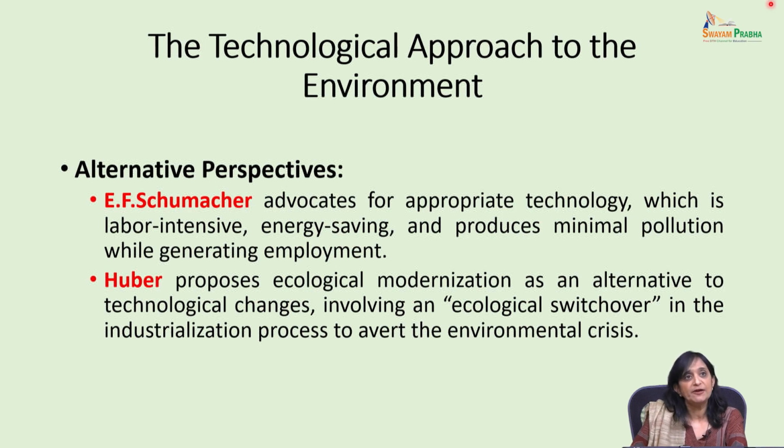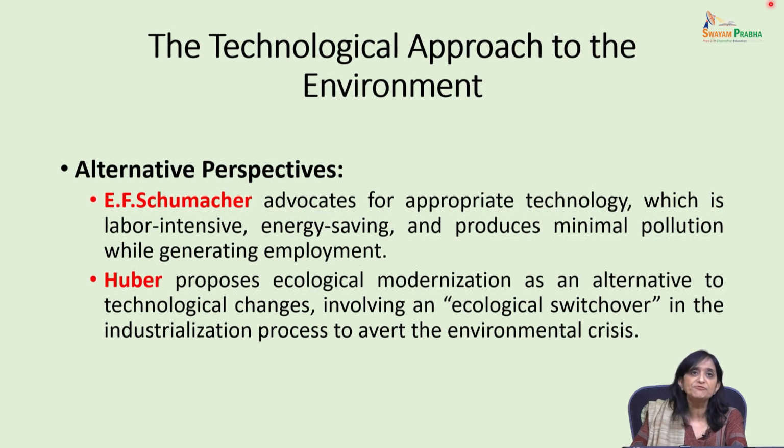Alternative perspectives have been given by Schumacher, who has advocated appropriate technologies which are labor intensive, energy saving and producing minimal pollution while generating employment. Unlike the ones which we have seen recently, where machines are doing the jobs which men would have done. Because of excessive weightage on machines in the production process, there is very high use of energy.